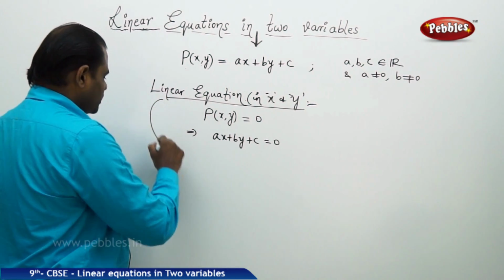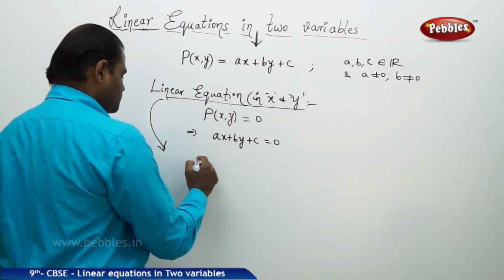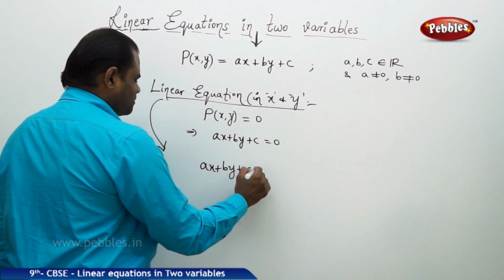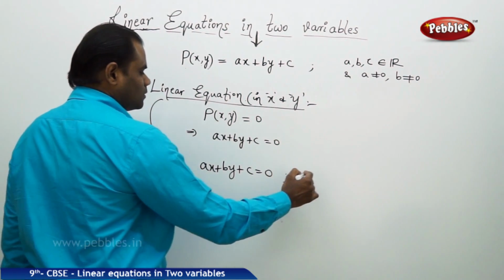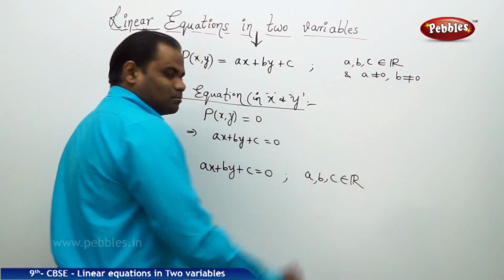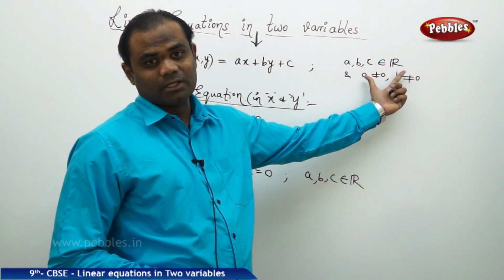Therefore, a linear equation in x and y is finally concluded to be ax plus by plus c equal to 0 with a, b, c belonging to real numbers, with the same condition as that for the linear polynomial.